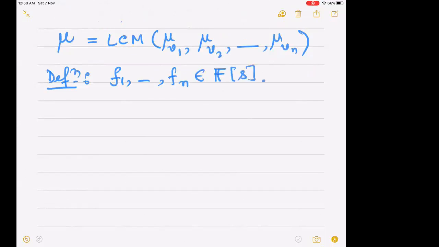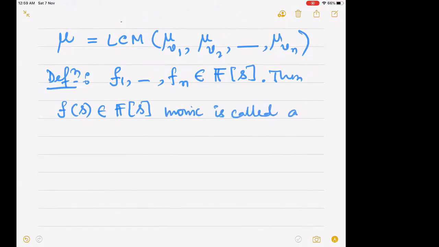Then another polynomial f in F[x], monic, is called the LCM of f1 up to fn if it satisfies the following two properties.